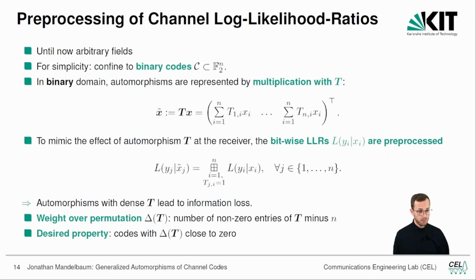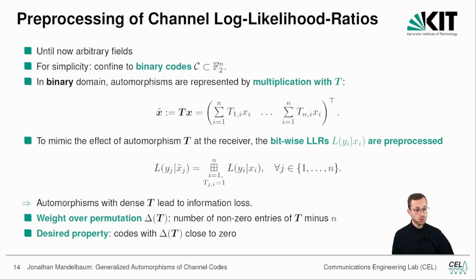And therefore, as we saw in the construction, we are looking for desirable properties, one being that we want to construct codes with automorphisms or generalized automorphisms that possess a weight over permutation close to 0. The best case is still a permutation.